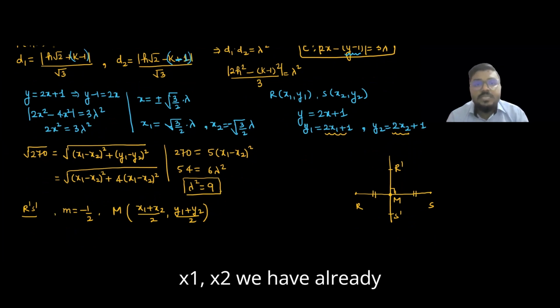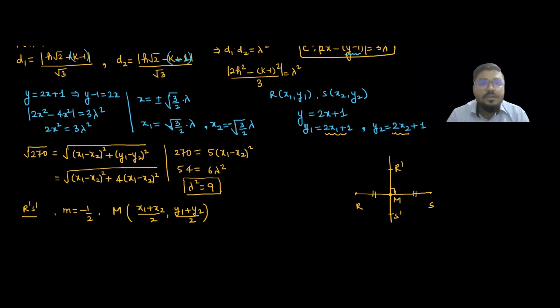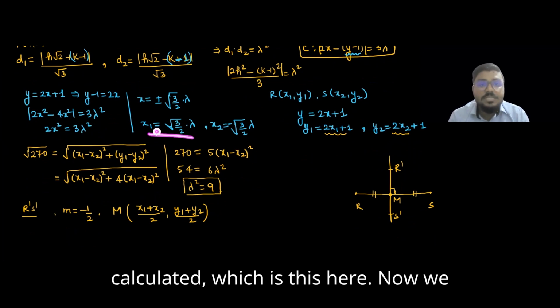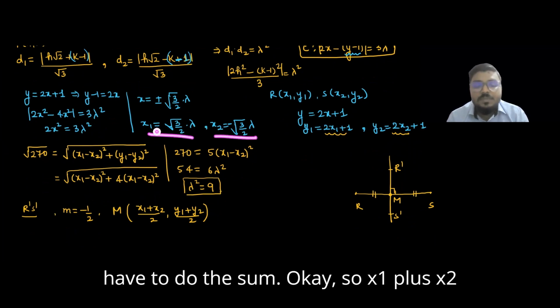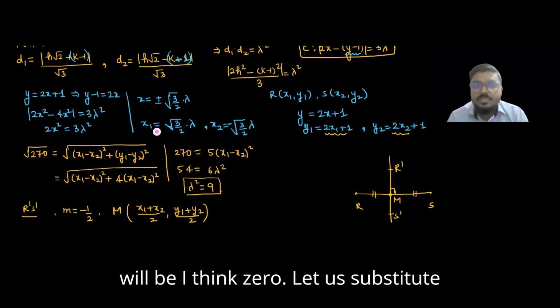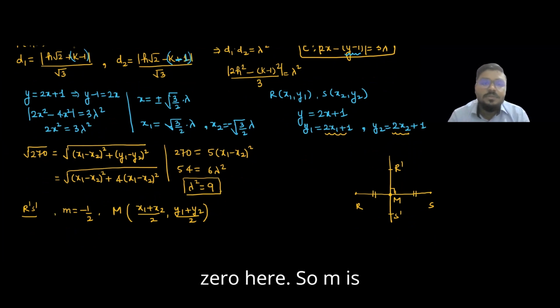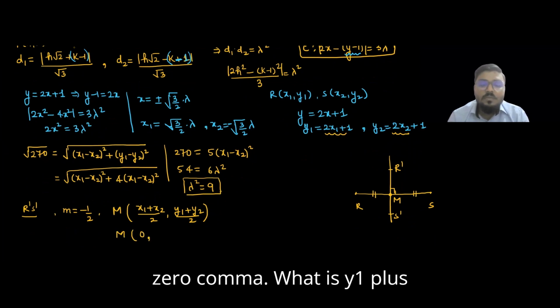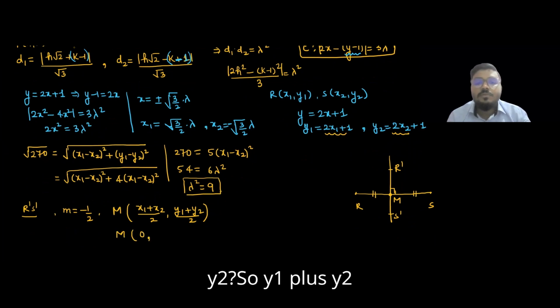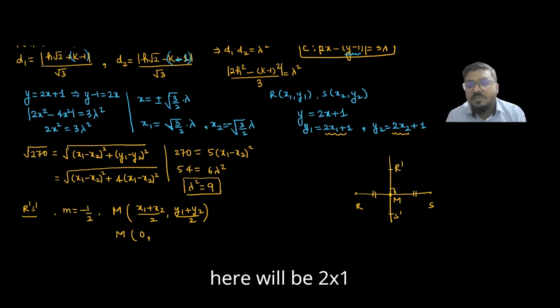All right. So x1, x2 we have already calculated, which is here. Now we have to do the sum. So x1 plus x2 will be, I think, 0. So let us substitute 0 here. So M is (0, ?). What is y1 plus y2? So y1 plus y2 here will be 2x1 plus 2x2 plus 2, divided by 2.